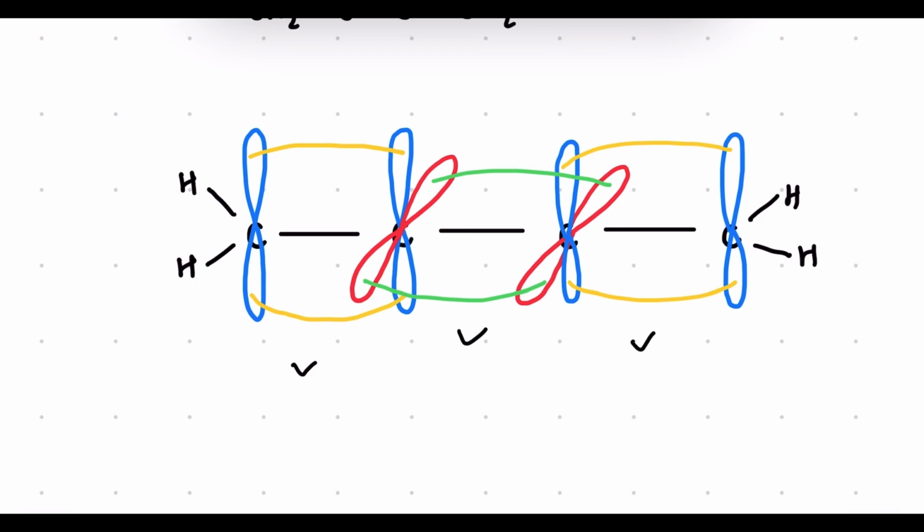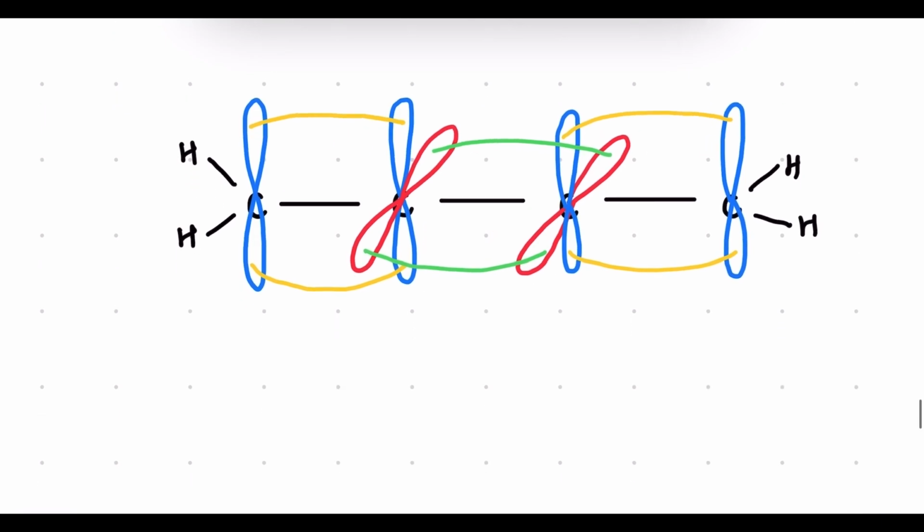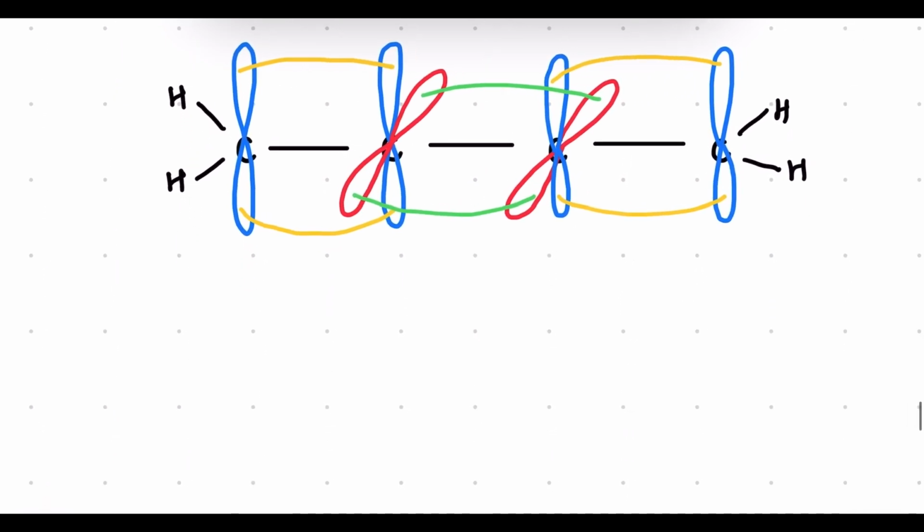So because of this, you will also see a similar pattern in the planes in which these atoms are present. So let's draw the planes using this. I'm going to first draw the carbons. Okay, so now let's draw these planes.